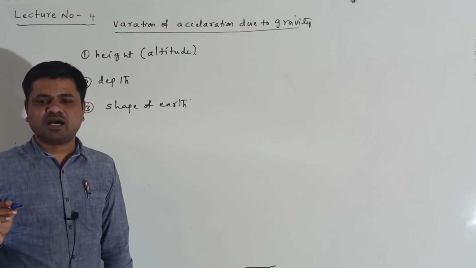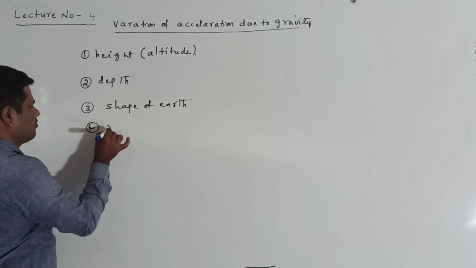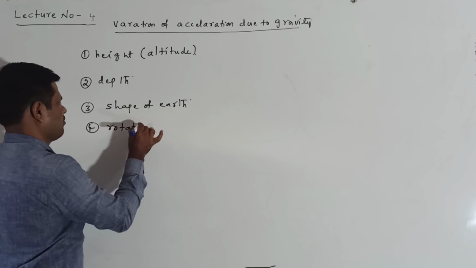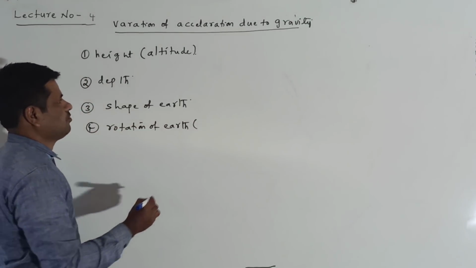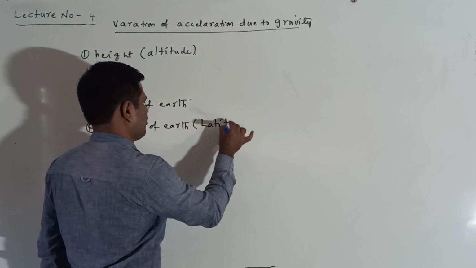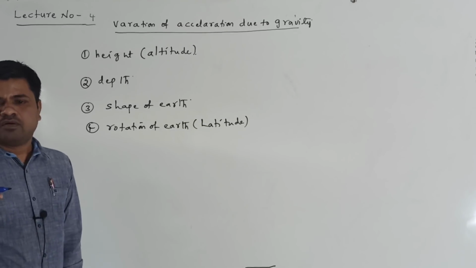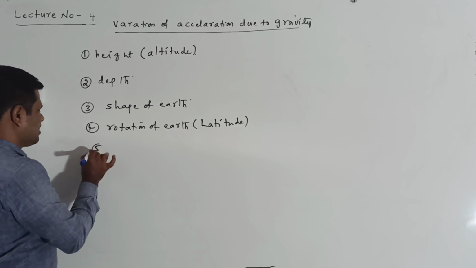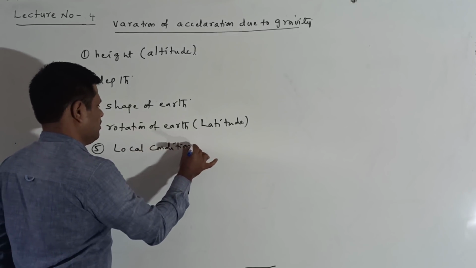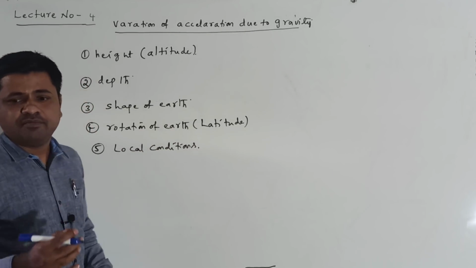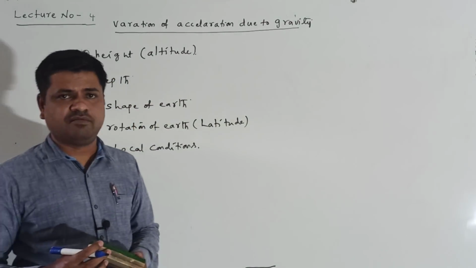Fourth one is the rotation of the earth, which is called latitude. This is altitude, and this is latitude. Fifth one is local conditions. Totally, 5 factors are affecting the acceleration due to gravity.